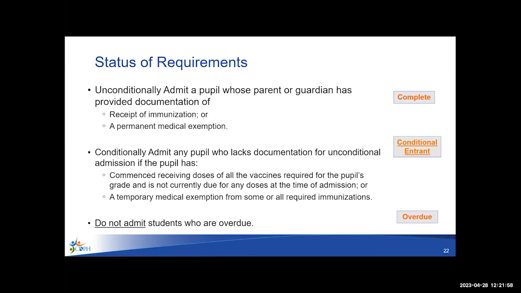The second category is to conditionally admit any pupil who lacks documentation for unconditional admission if the pupil has started receiving doses of all the vaccines required for the pupil's grade and is not currently due for any doses at the time of admission, or has a temporary medical exemption for some or all required immunizations.